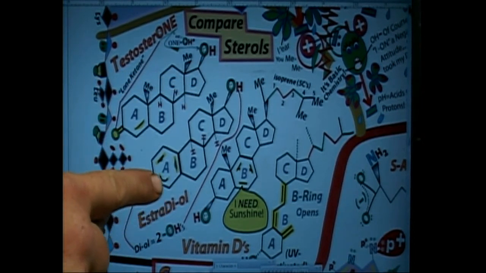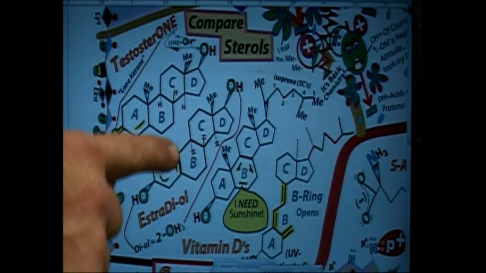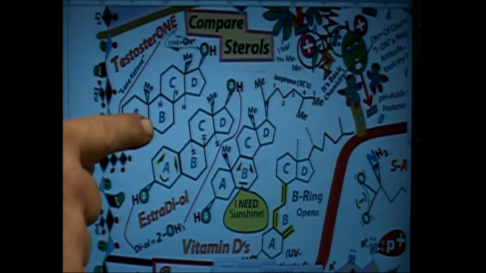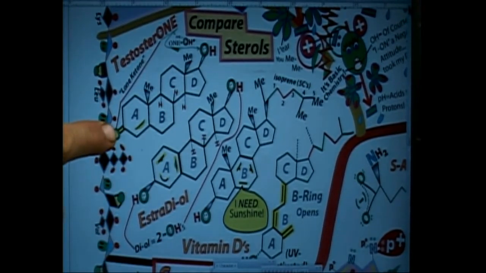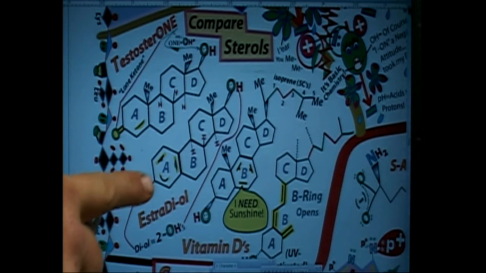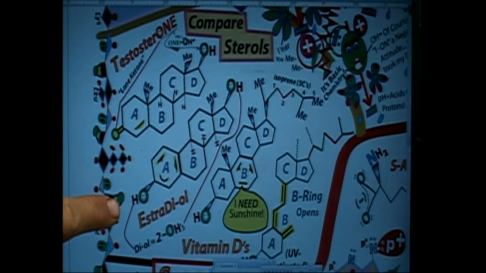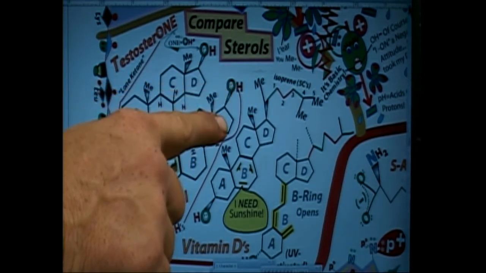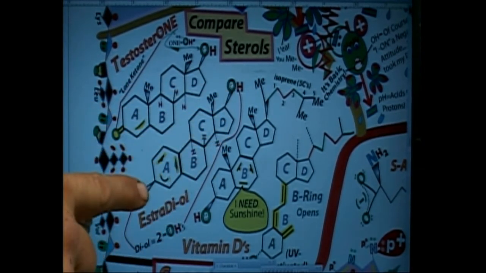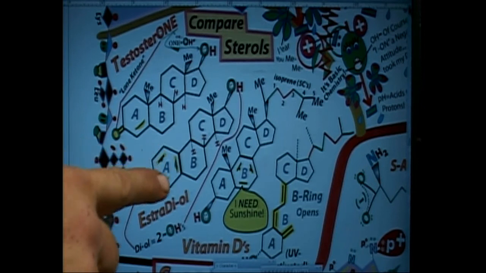Well, this is estradiol. So here you can compare the difference between the male sex hormones and the female sex hormones. This is a ketone. This is an alcohol on an estradiol. Now, di means 2, so where's the other OH? Up there on the D ring. Compare it here. You can see this is aromatic.